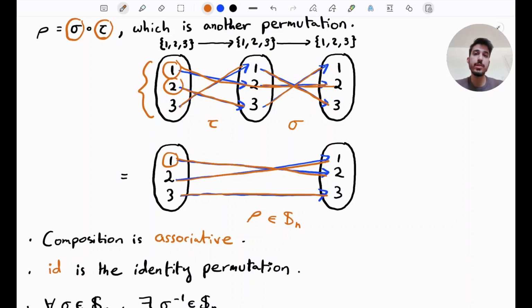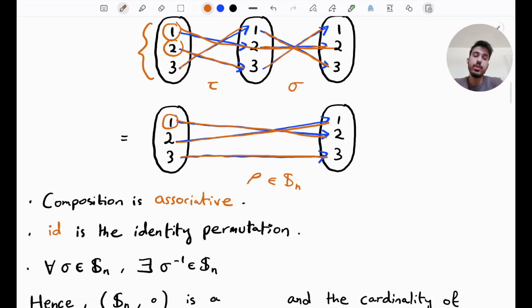And if we take the composition of ID and any other permutation, we would find that ID has no effect on the resulting permutation. So ID is in fact the identity permutation. Lastly, we will prove that for any element sigma, there exists an inverse. And in fact, it is true because we have just said that the set Sn is all the sigmas, all the permutations that are bijective.